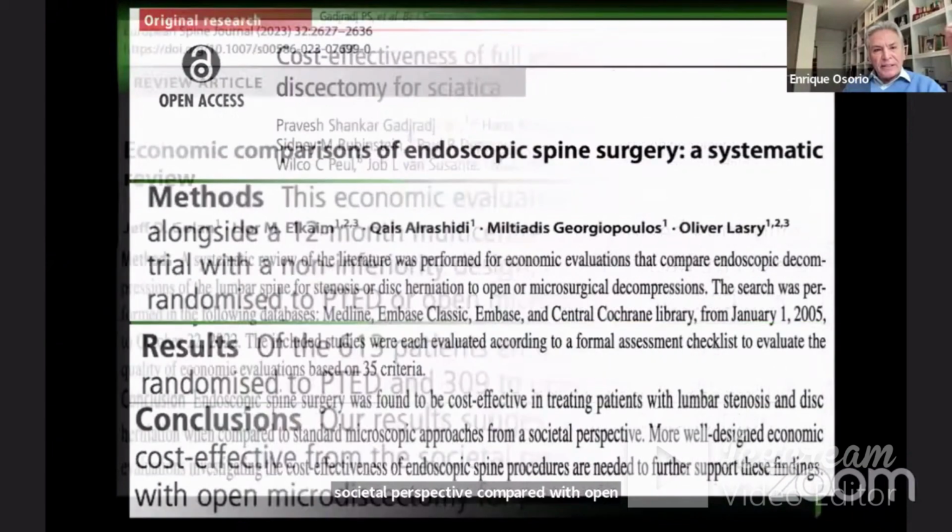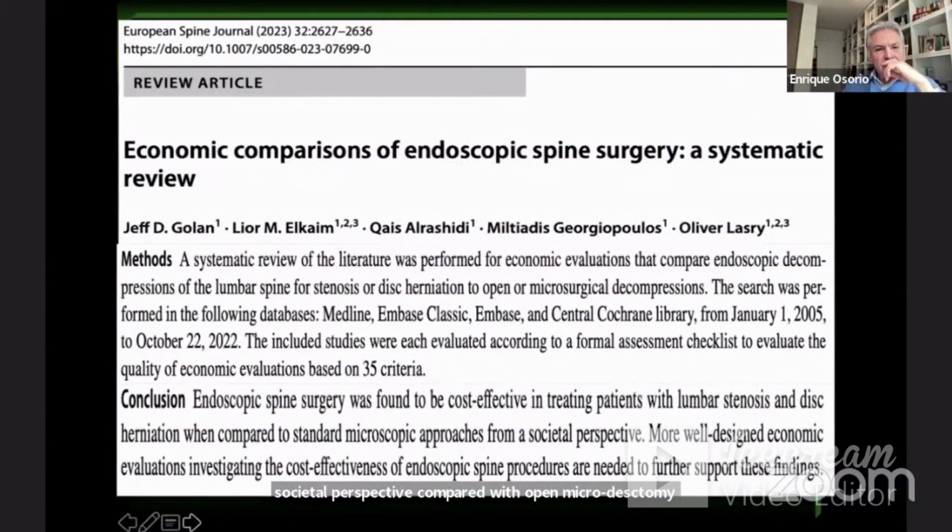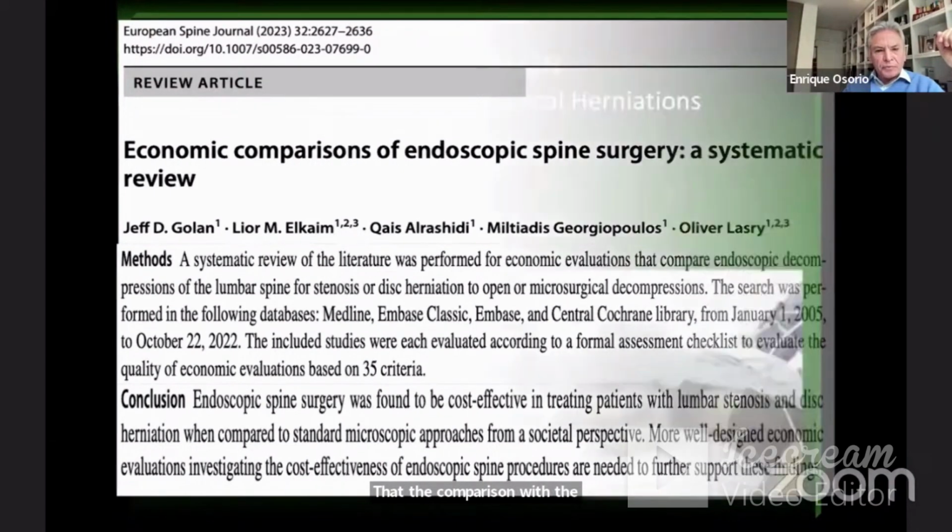And this is another study in the same way, with the comparison from the economic point of view.